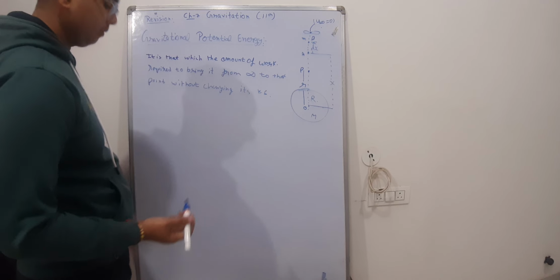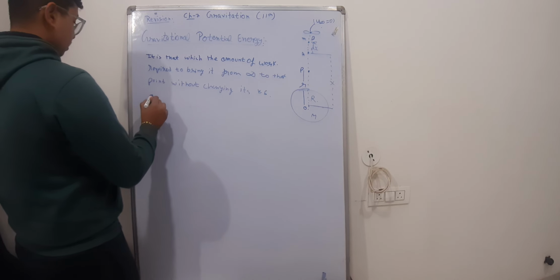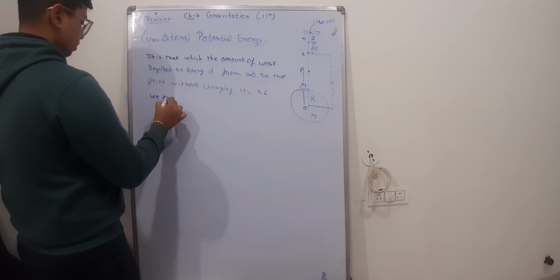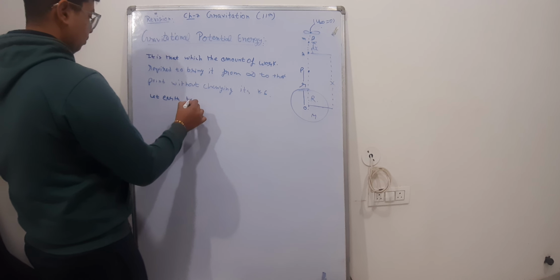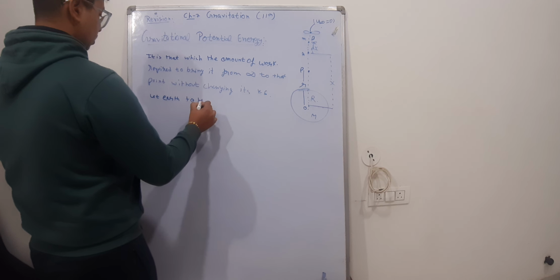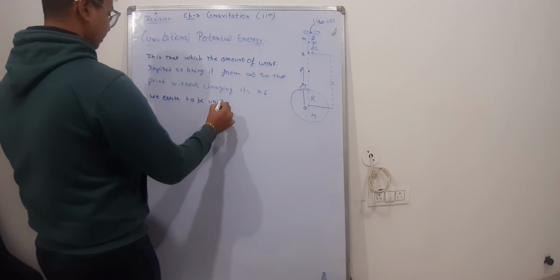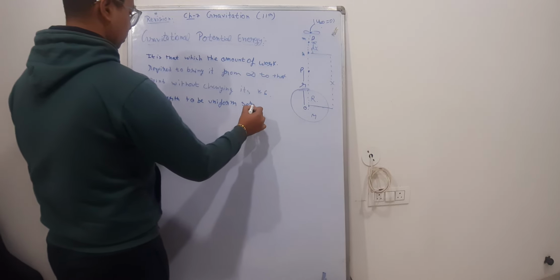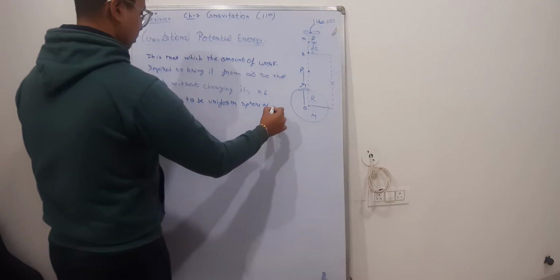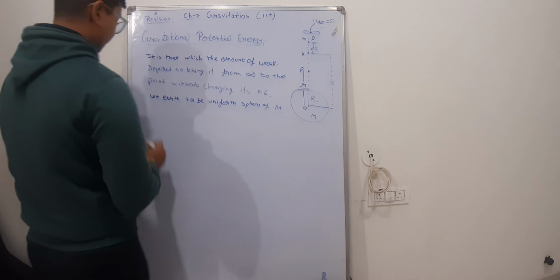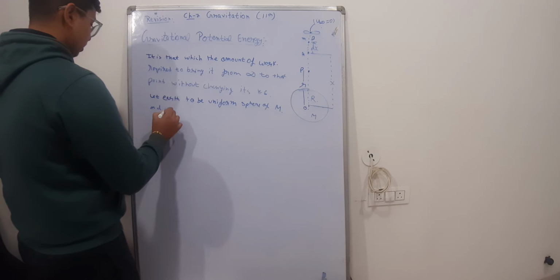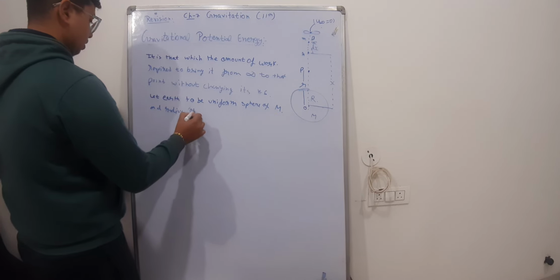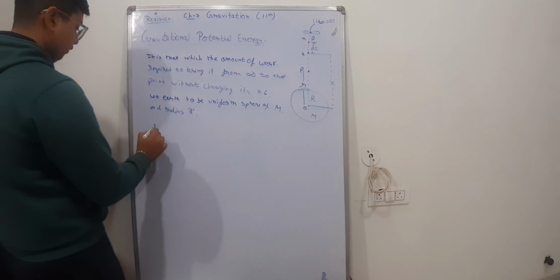So let the earth be a uniform sphere of mass capital M and radius r.